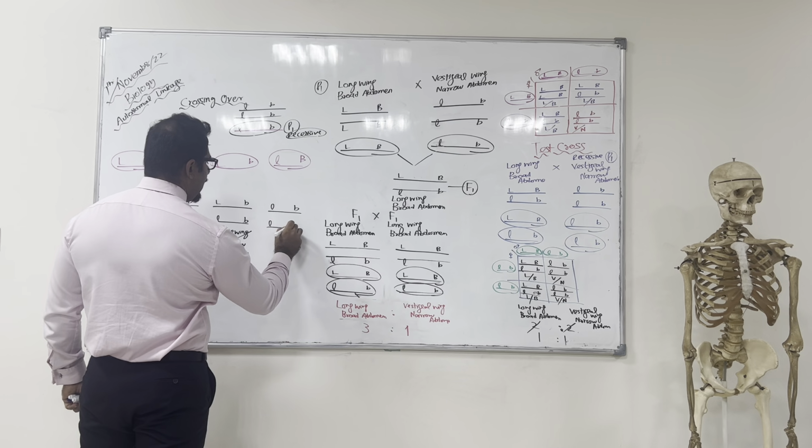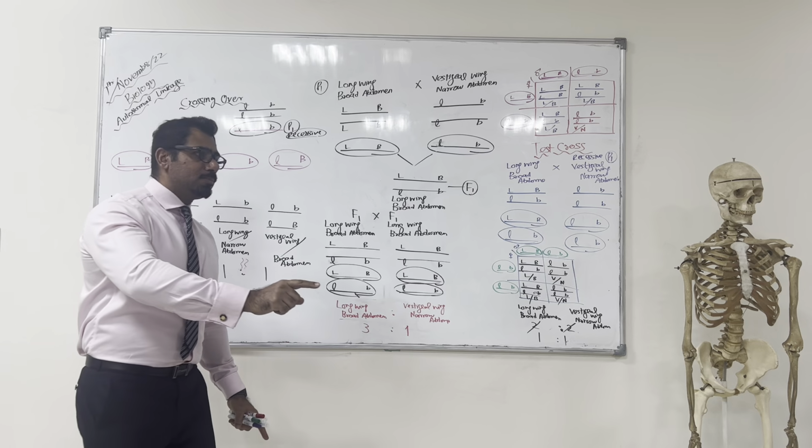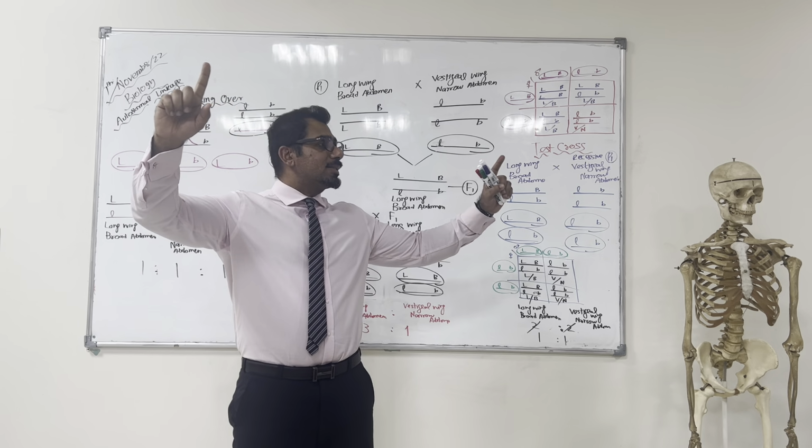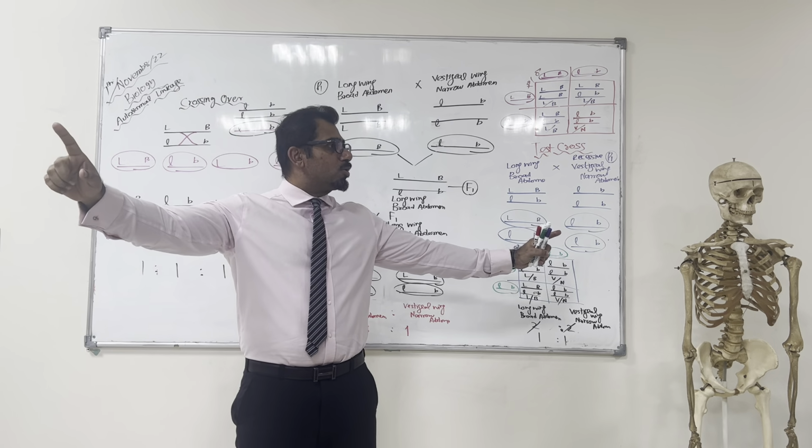Still it is 1:1:1:1, because of linkage. The 9:3:3:1 ratio only comes if the genes are present on separate chromosomes, or far apart.